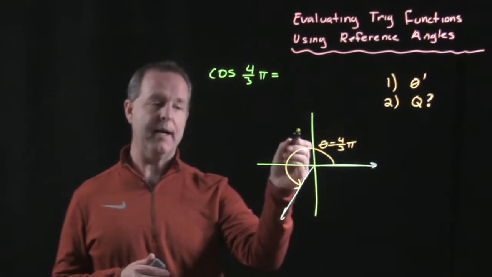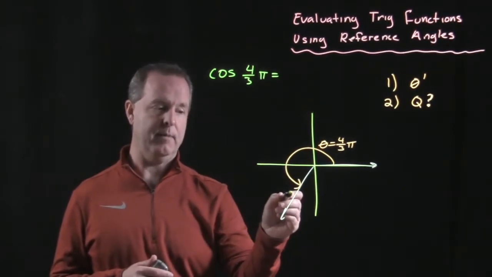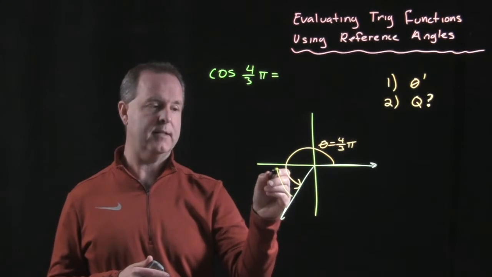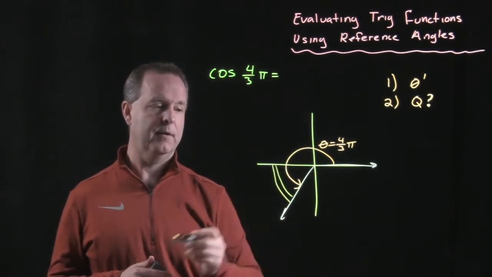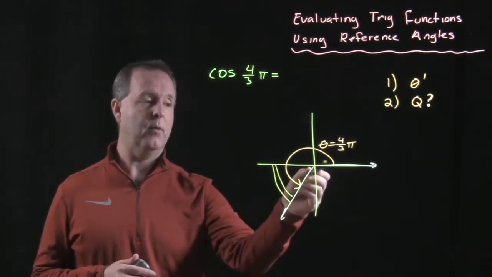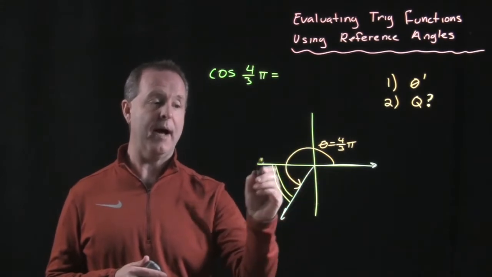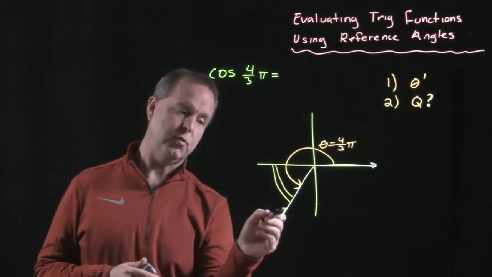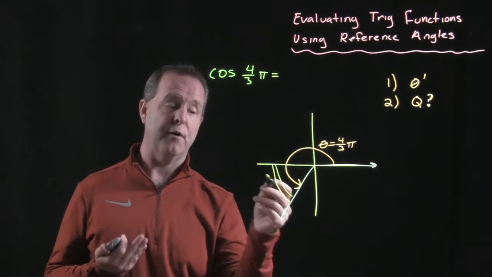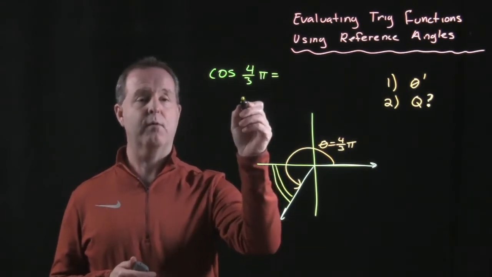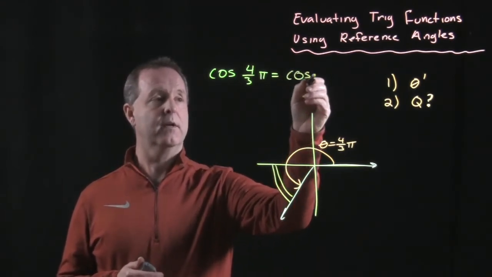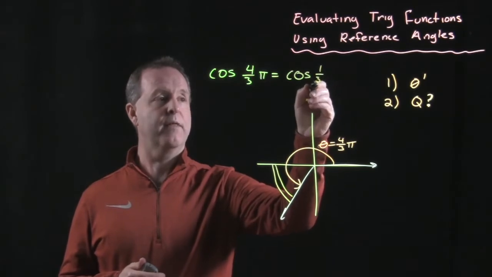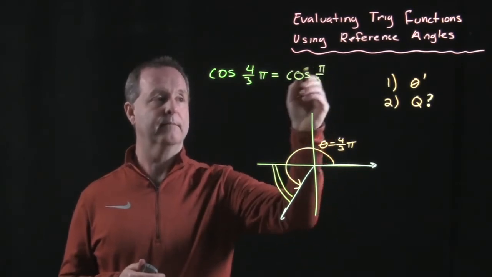So if 4/3 pi goes all the way past pi and a little bit more, my reference angle is this little value right here. So what is that value? Well, I know it's pi, or a sweep of pi all the way to the x-axis. This remaining bit is another 1/3 pi. So cosine of 4/3 pi also equals the cosine of 1/3 pi, or pi over 3.